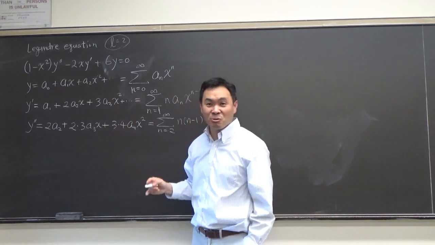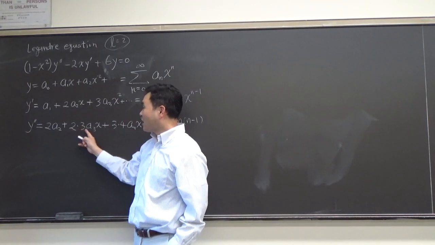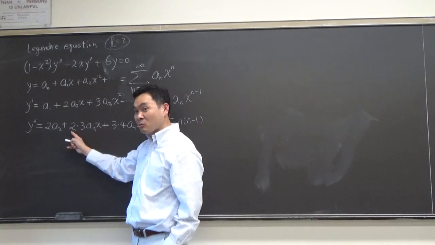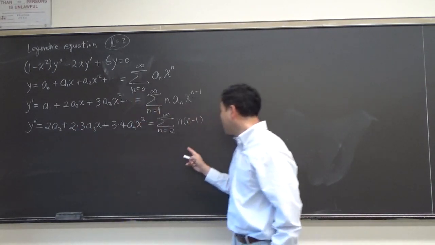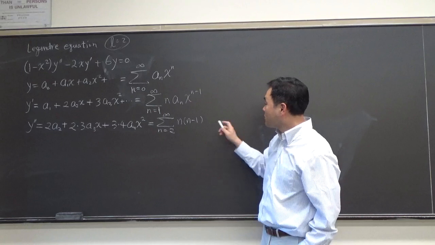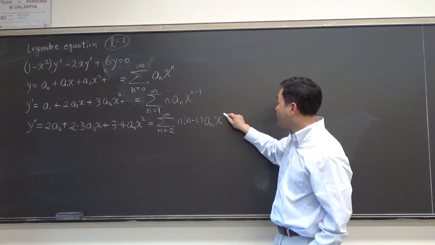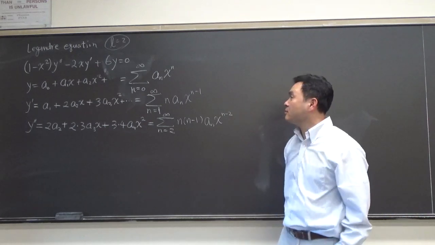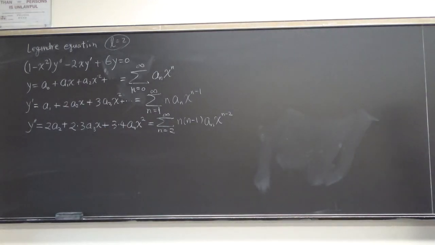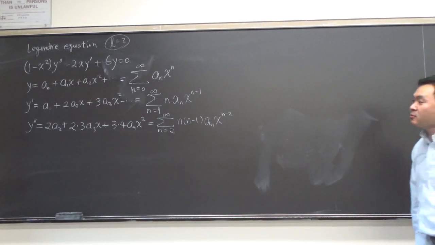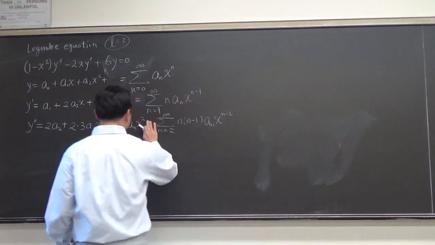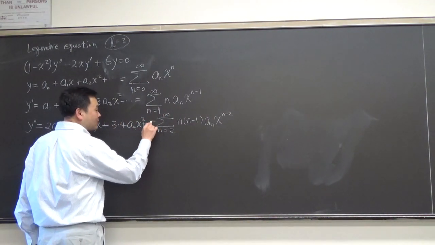That will be easier for you to process, right? I should have written down that this one is 3 times 2. So if you do that, it will be n times n minus 1 times an times x to what power? N minus 2. Okay. All right. This should be plus dot dot dot.